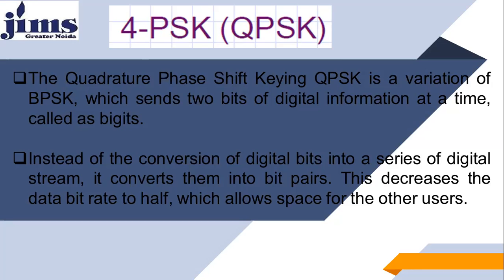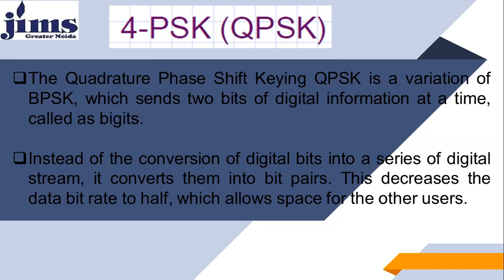If you have a long string of 1 and 0, what you have to do? You have to combine consecutive or neighbor bits, so you can have a pair of bits. So when you combine 2 bits, you have only 4 possibilities: either the combination is 0 0 or 0 1 or 1 0 or 1 1, right?